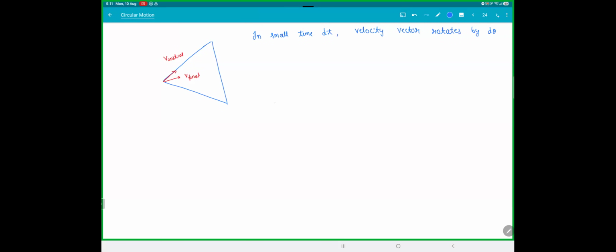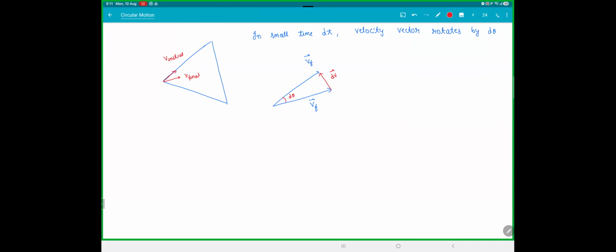If you try to see these two vectors, they look something like this. I'm just drawing them big, V final and V initial. I'm exaggerating this, but this theta is quite small. This angle was d theta, and this was your dv bar.